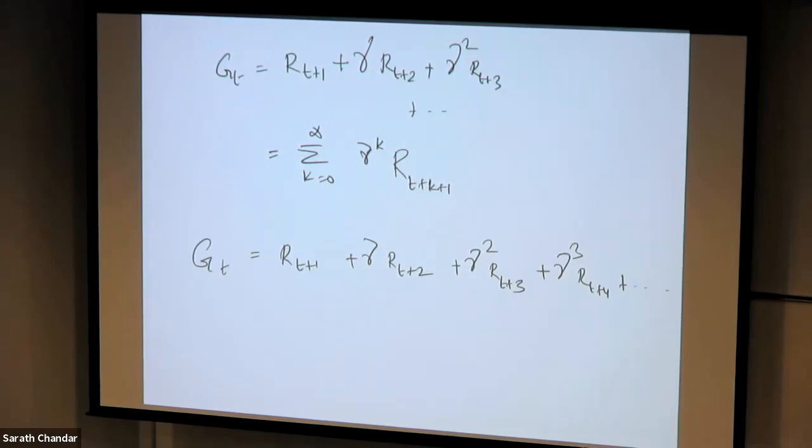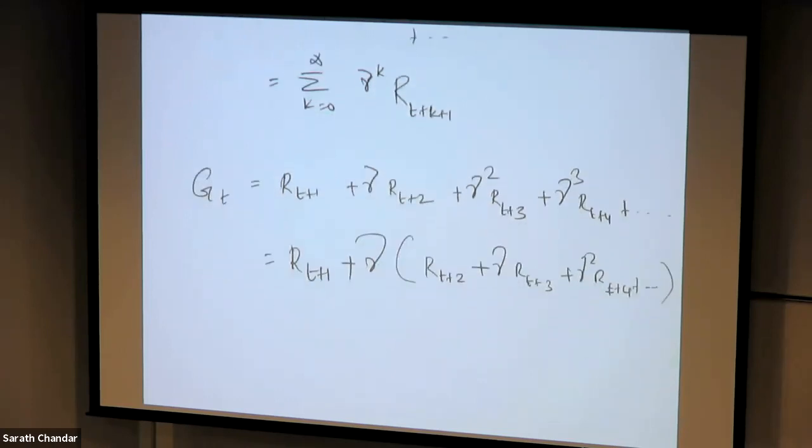Now, I can slightly reformulate this as RT plus 1 plus, I take one gamma out of the rest of the sequence, so gamma times RT plus 2 plus gamma times RT plus 3 plus gamma square times RT plus 4 and so on.